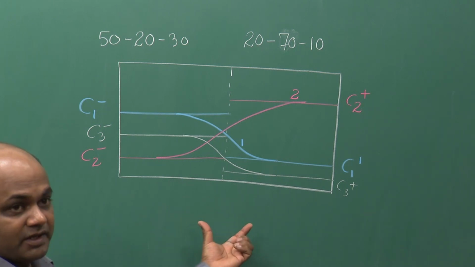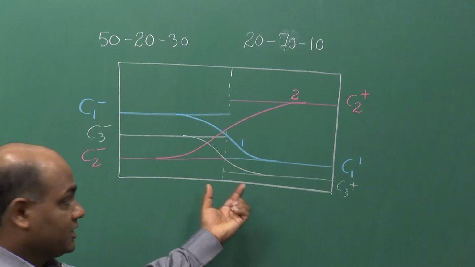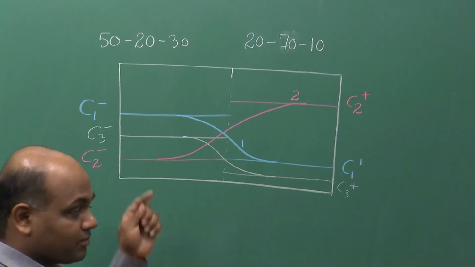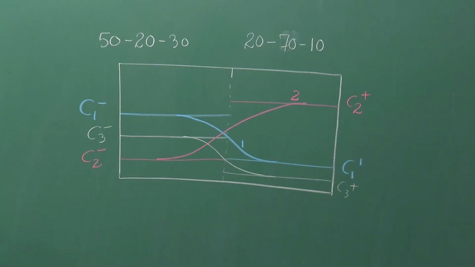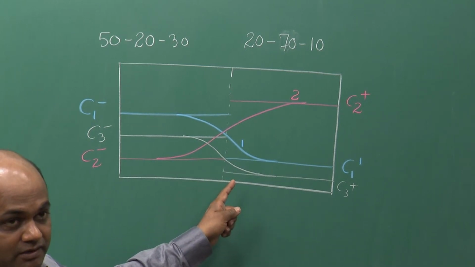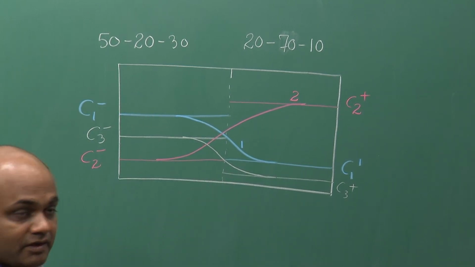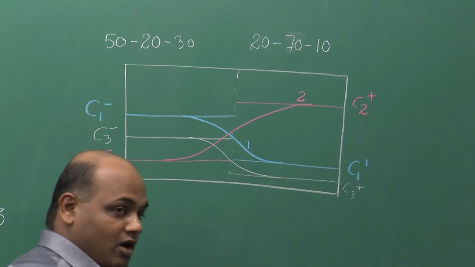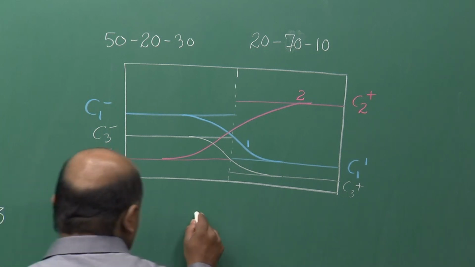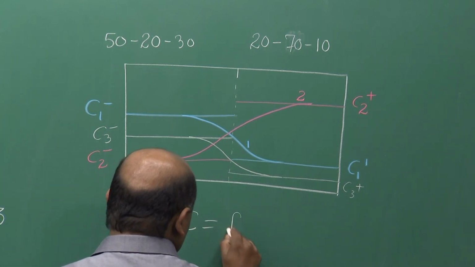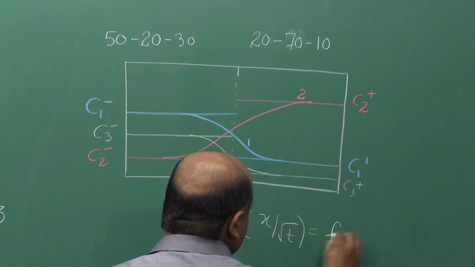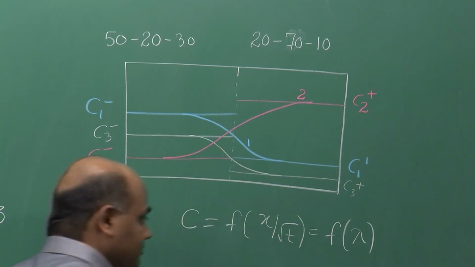As the diffusion time increases, we know the diffusion profiles will broaden. So, the composition profiles will change with time. That means, each composition plane will move with time, and we know how each composition plane moves parabolically. That is, C is a function of x over root t, this we have seen, and x over root t is the Boltzmann parameter lambda.